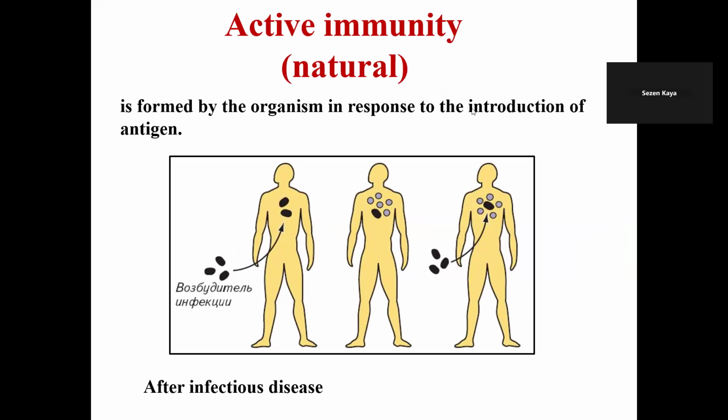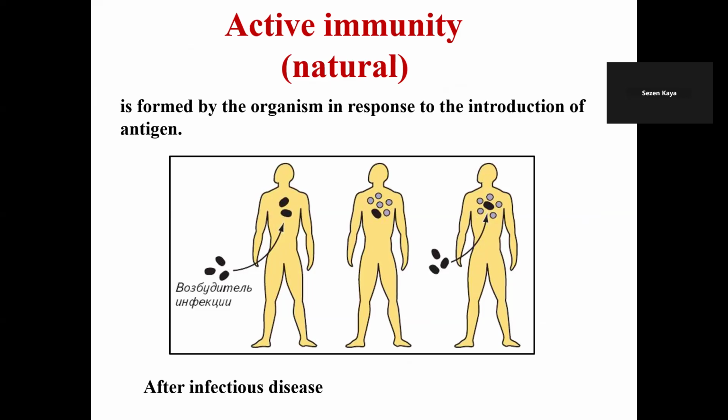Let's look at active natural immunity. How does it work? It works in the following way. Some antigen, some inductor of infection, moves into the human body. There we have a primary immune reaction. The primary immune reaction is the first time some infection, some antigen comes from outside into our body.